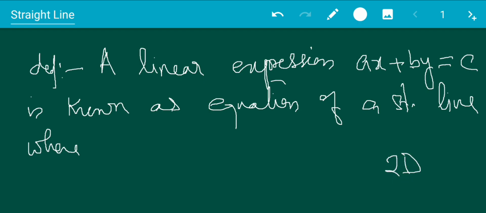Okay, we are not talking about a straight line in higher dimensions. For higher dimensions the equation varies.